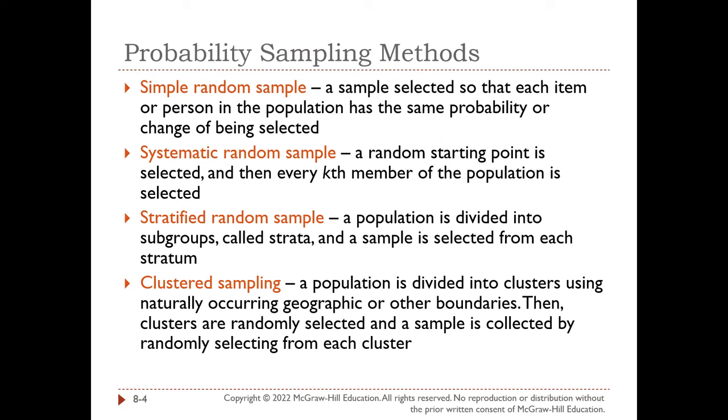Similar to stratified random sampling, this one will take natural features like the Rocky Mountains, how we have West Coast, the Plains, and then East Coast, how they're usually separated by mountain ranges. We can cluster the U.S. into those areas, and then again, randomly select from those clusters.